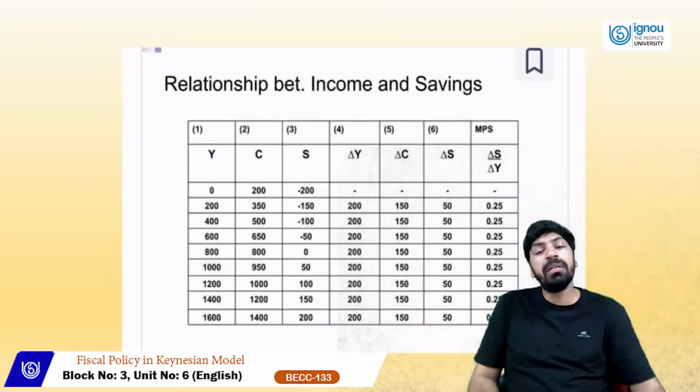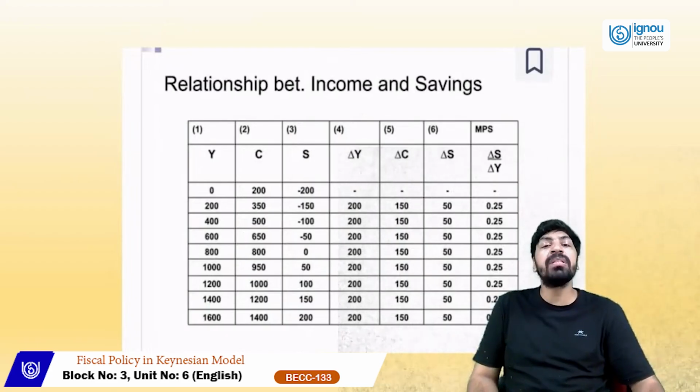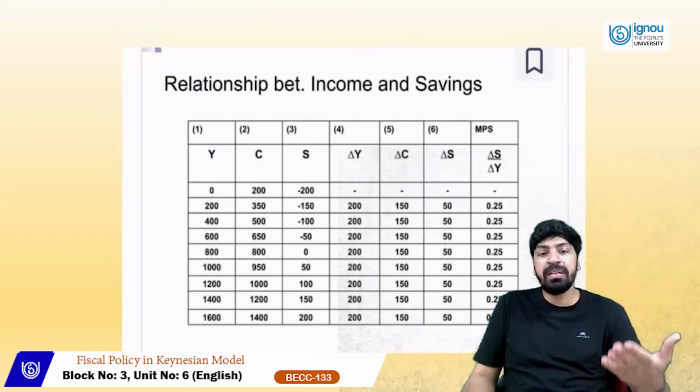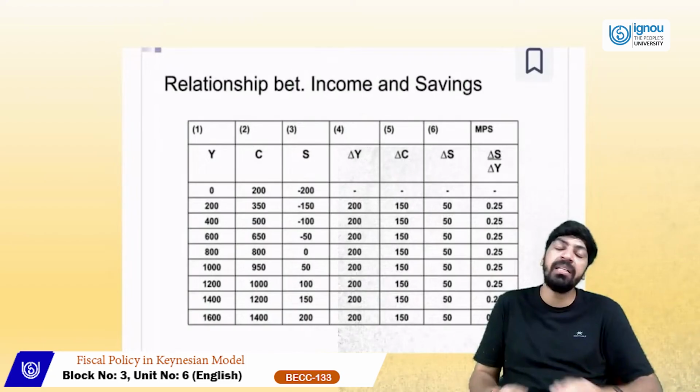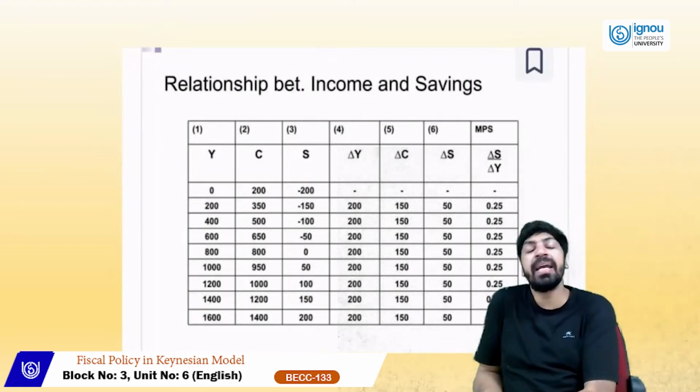So the table represents your income and consumption, which are given, and your savings. You need to find delta Y, delta C, and in the same way calculate delta S, and then ultimately you will calculate the MPS.